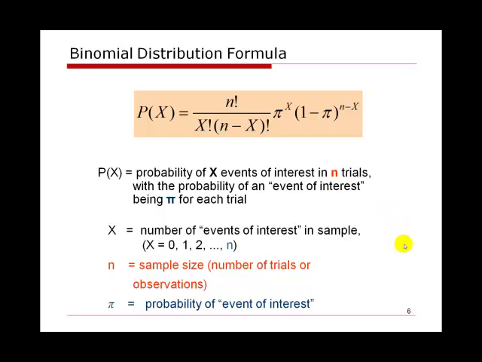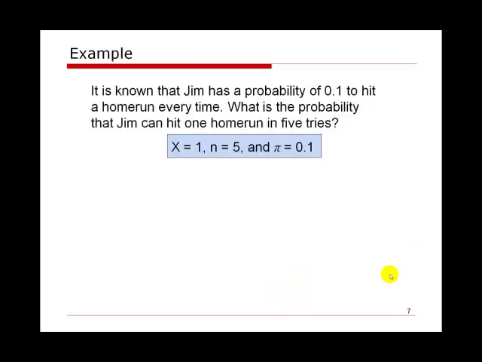Now let's take a look at an example and see how the binomial distribution probability is calculated. The example says it is known that Jim has a probability of 10% or 0.1 to hit a home run every time. What is the probability that Jim can hit one home run in 5 tries?